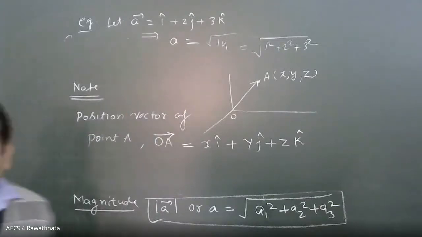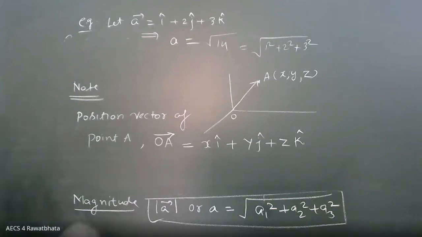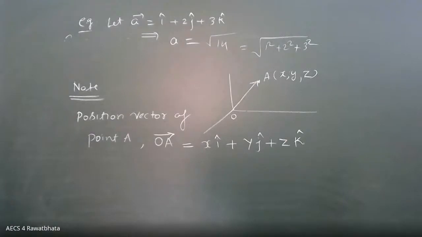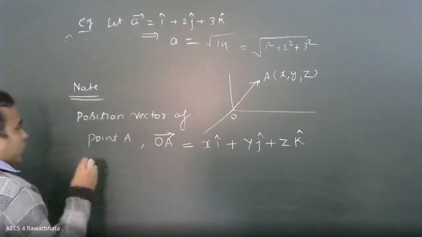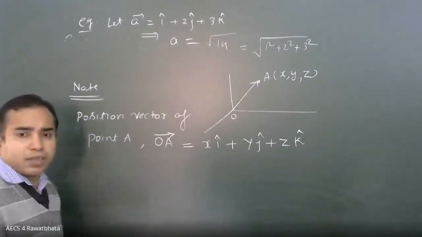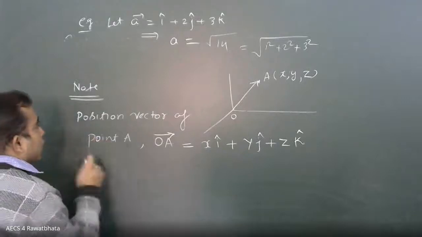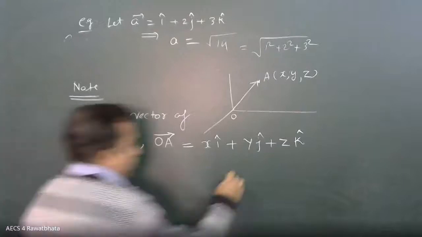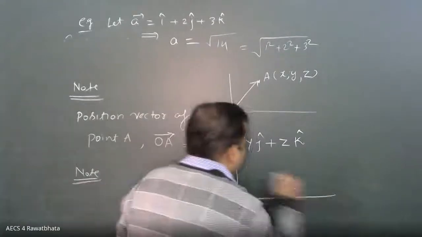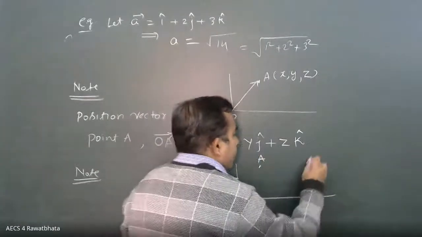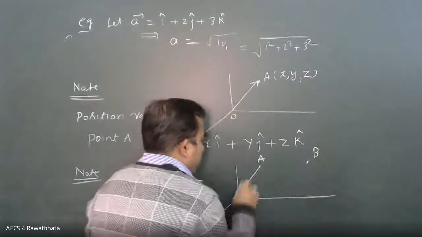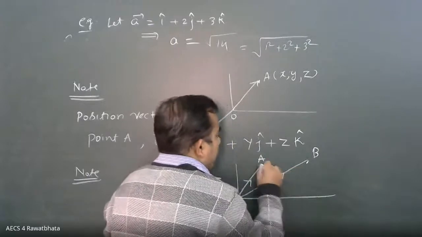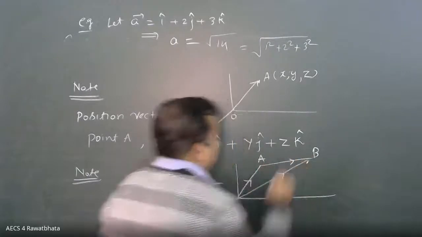And similarly, suppose there are 2 points. These are very basic, very small things, and they are going to be used in the current chapter's exercises, and in the next chapter also. Suppose there is a point A and a point B. Suppose this is the OA vector, this is the OB vector, and this is the AB vector.